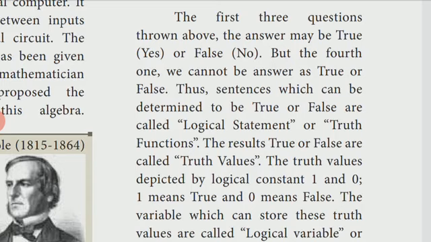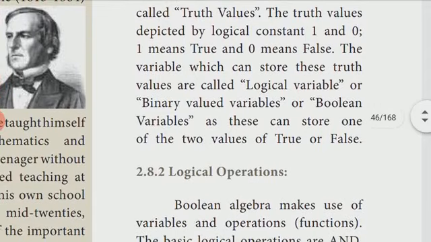The result we get is called truth values, and we get only 2 values in Boolean algebra, 1 and 0. 1 means true, 0 is false.